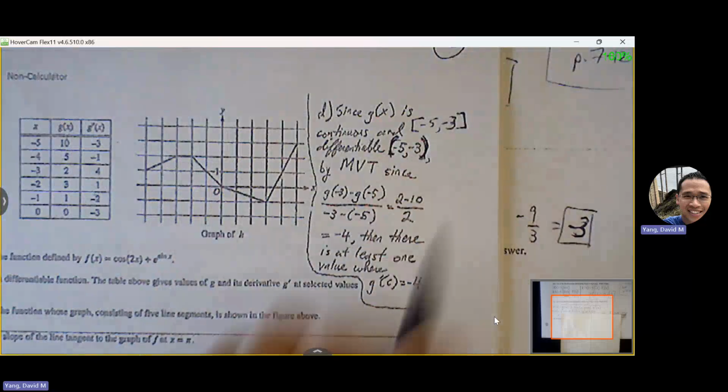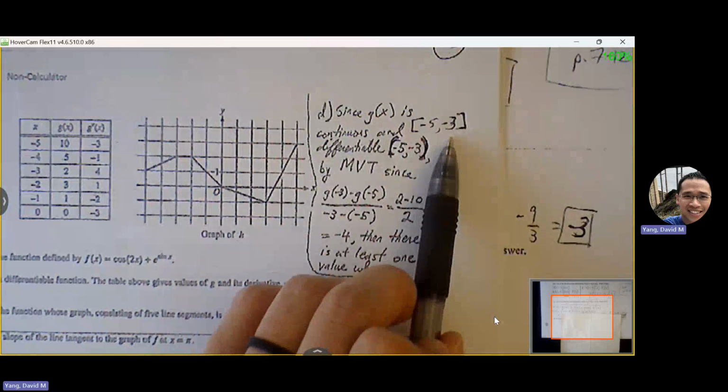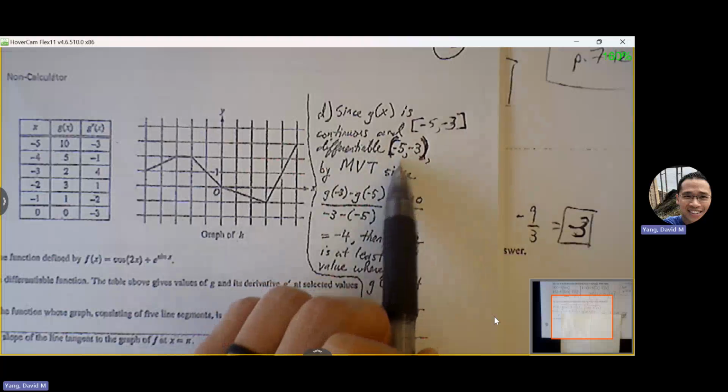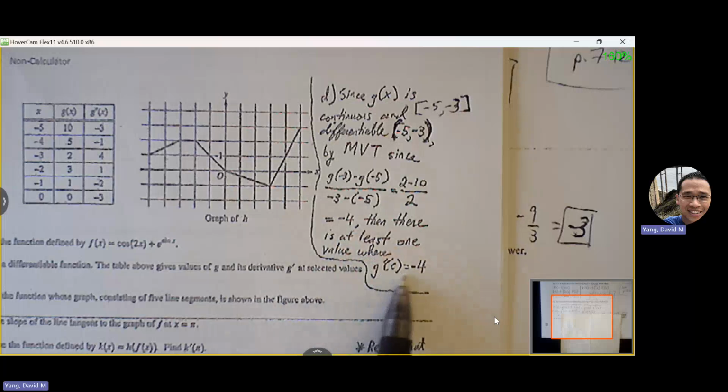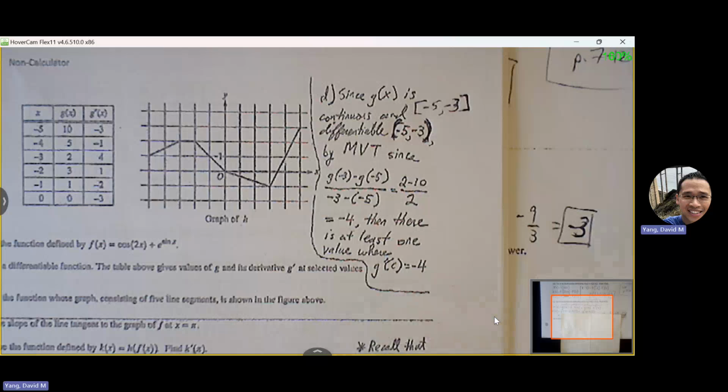But if we want to do mean value theorem, there's two conditions: continuity with brackets, differentiability with parentheses. And since our slope between the two endpoints at the G of X level is -4, there must be a place then where the slope is exactly -4.